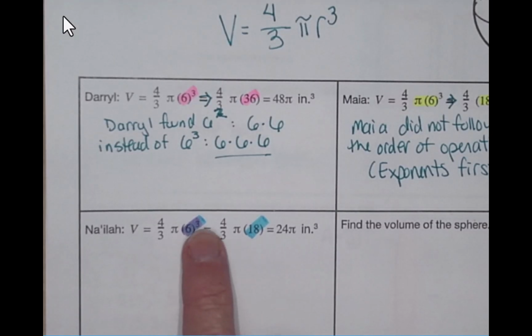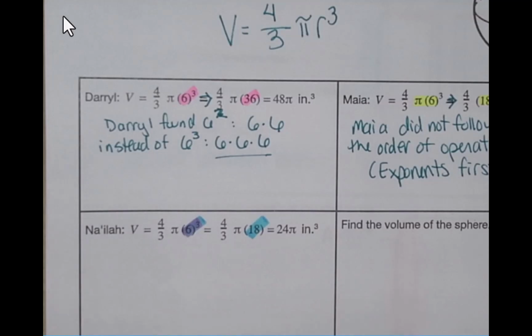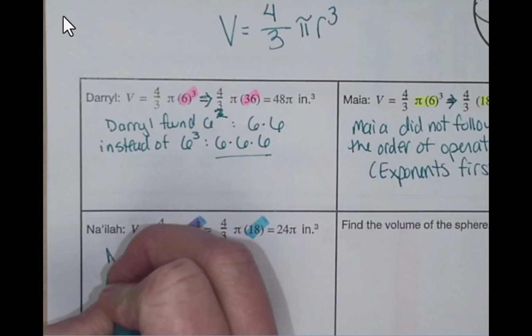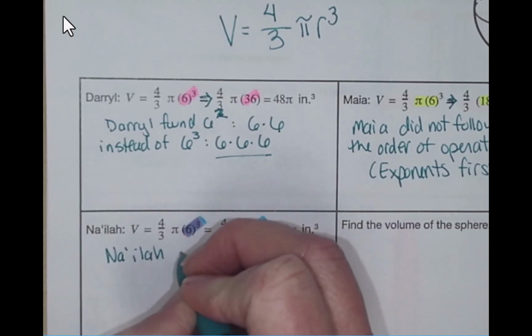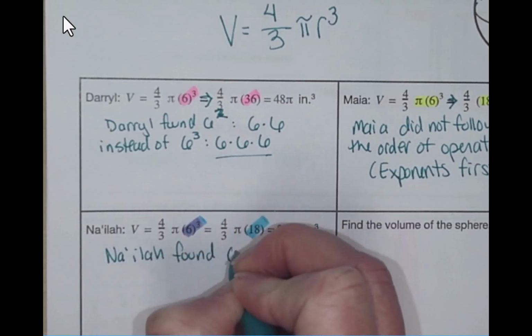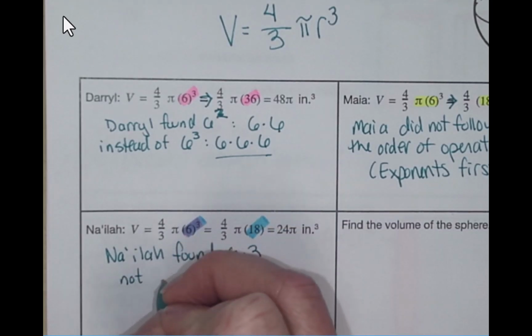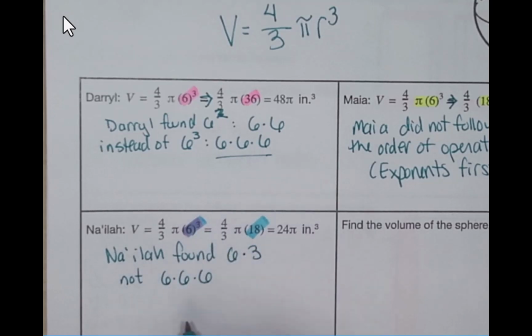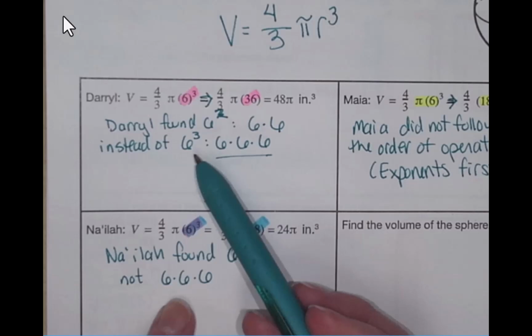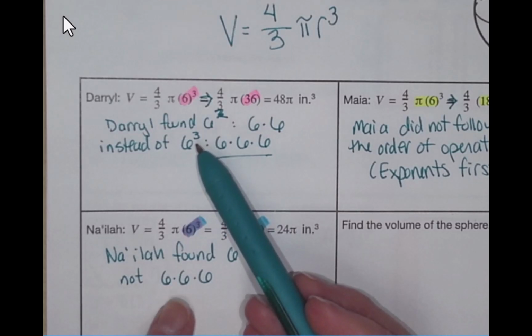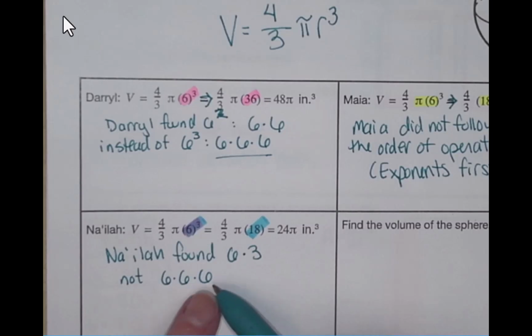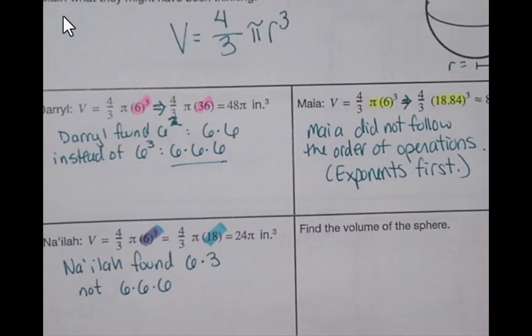She multiplied 6 by 3 instead of multiplying 6 by itself 3 times. So Nyla found 6 times 3, not 6 times 6 times 6, 6 where it appears as a factor 3 times. Okay. So I know what mistakes to not make. I need to make sure I raise it to the 3rd power. I need to make sure that I know what that means. And I need to follow the order of operations.